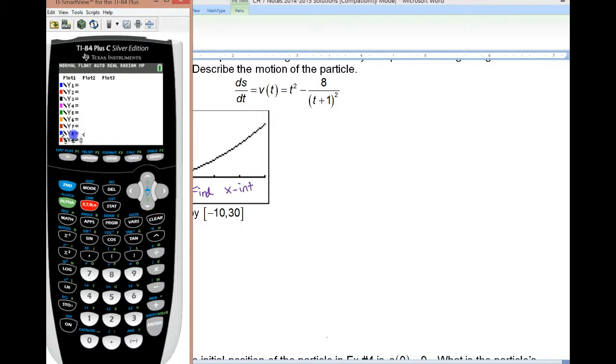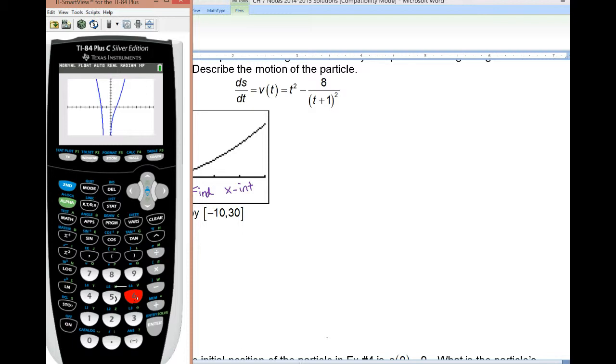Okay, so I have x squared minus 8 over x plus 1 squared, and I'm just looking at from 0 to 5. If you wanted to change your window, you could. You don't need it, but I'm just saying, if you wanted to, you could change the window to what's here.